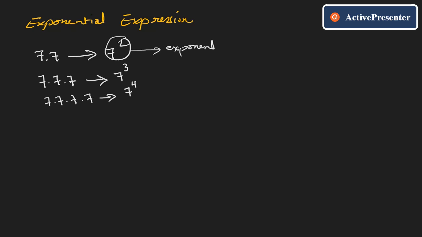Exponential notation. Also, 7 cube is written as the exponential notation for 7 multiplied in 7 multiplied in 7.